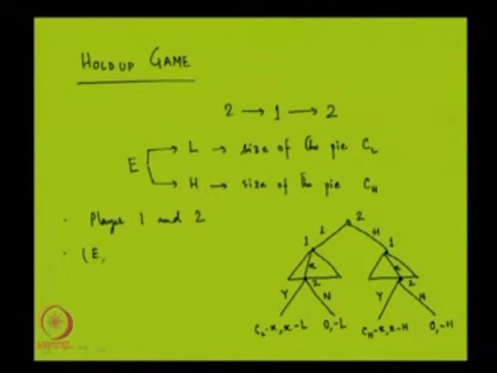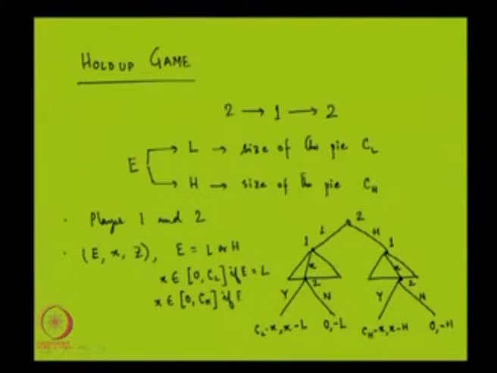It could be E, X and Z, where E is L or H. X belongs to the interval 0 to CL if E is equal to L. X belongs to the interval 0 to CH if E is equal to H, and Z could be either yes or no. So it depends on the value of E, what value X will take in the subsequent stage in which player 1 moves. So these are the possible terminal histories.